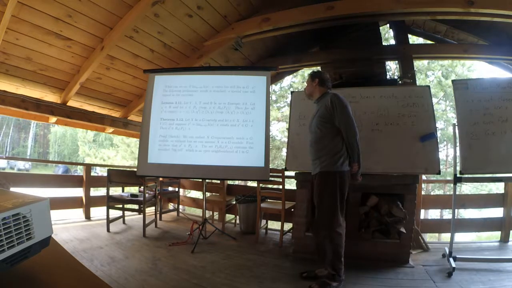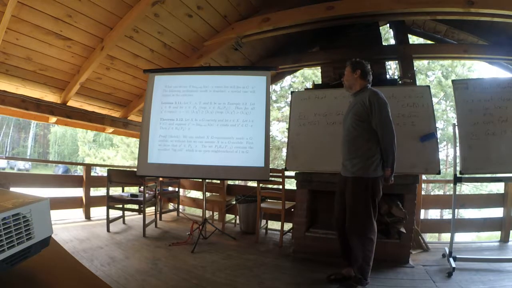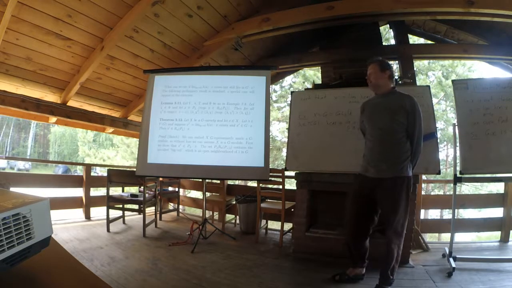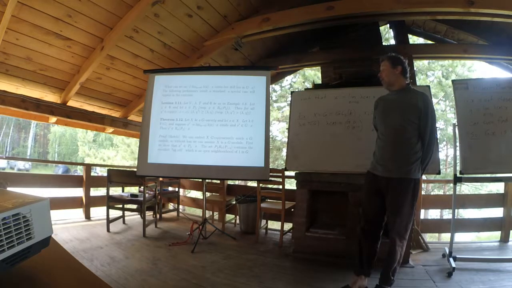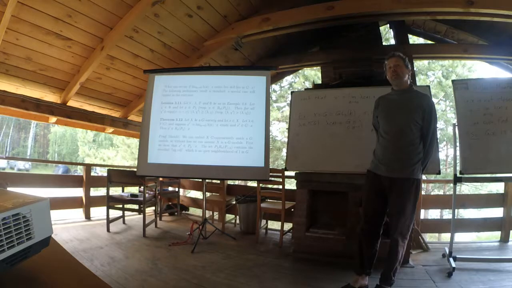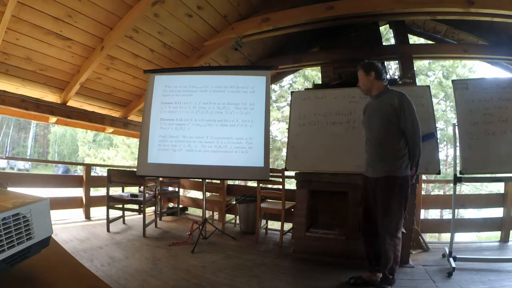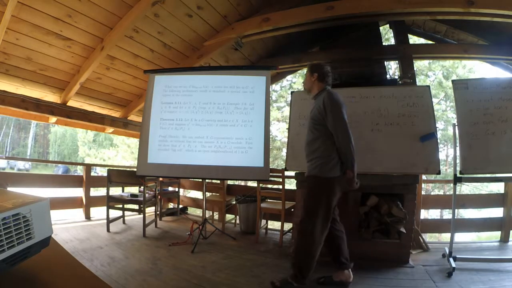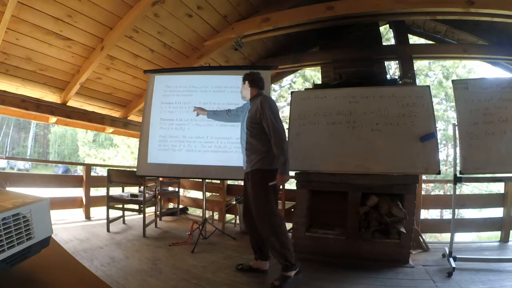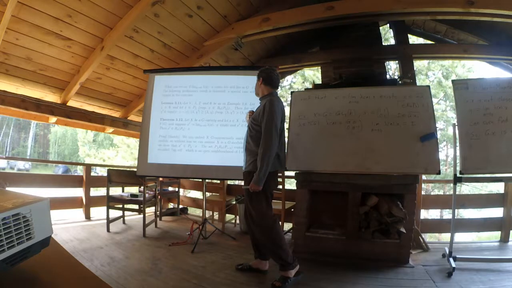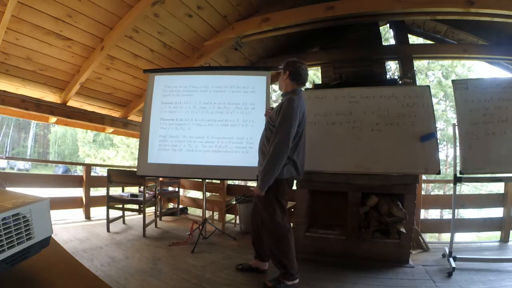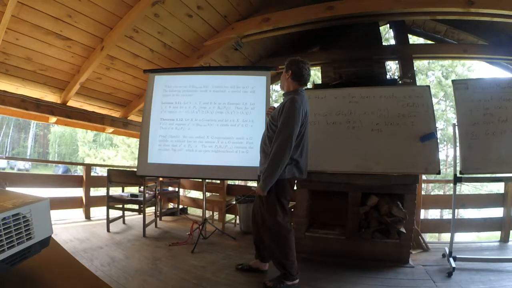Maybe the lemma looks kind of complicated. It's a technical looking lemma. Maybe you can't even remember what all the notation means. So maybe I'll illustrate this lemma by means of an example. Basically what this lemma is saying is that if you have an x, you have a v.